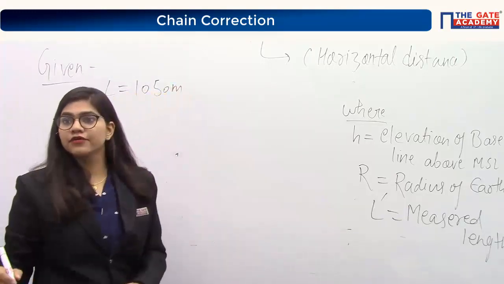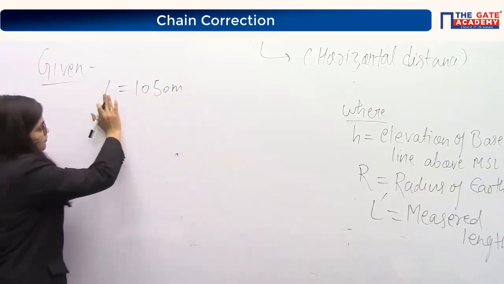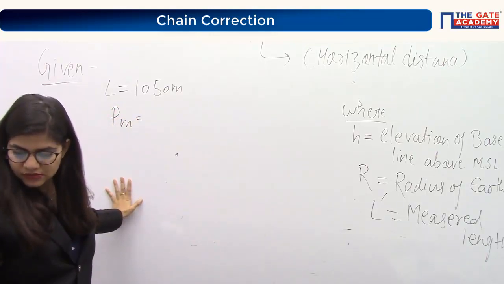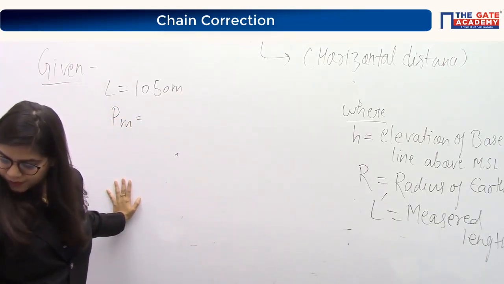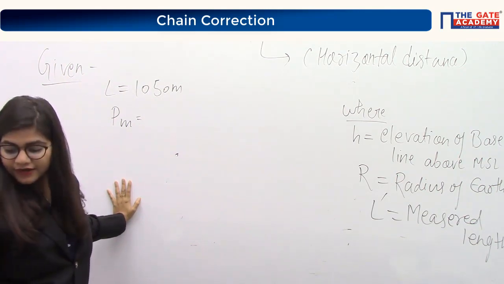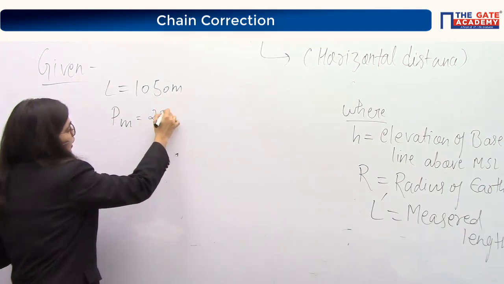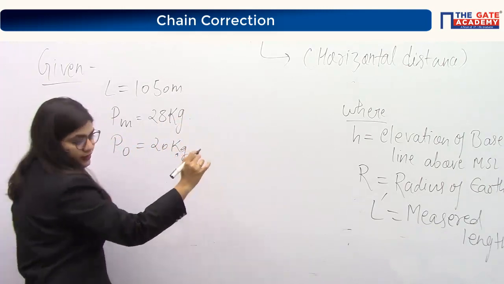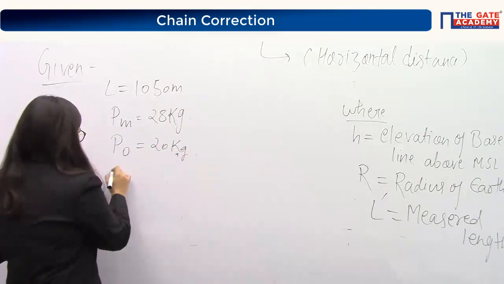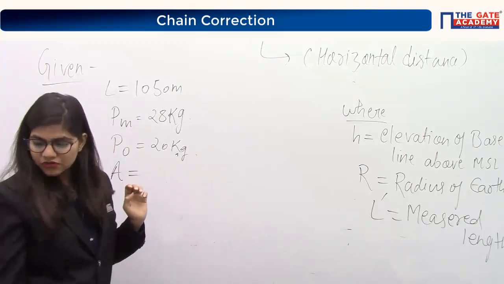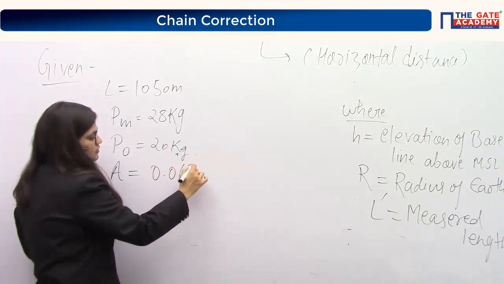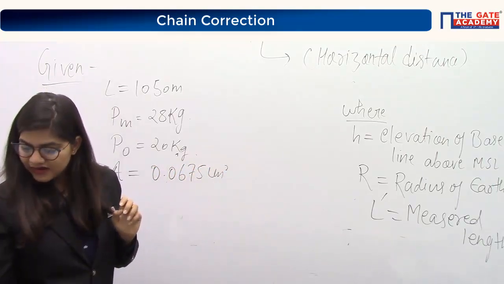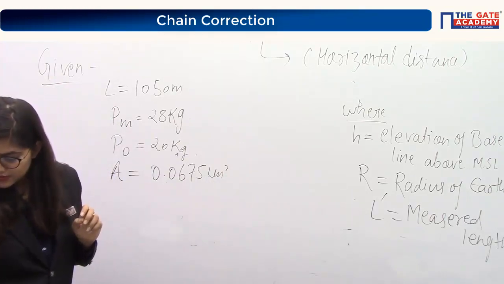I hope you guys are doing it. I'll just write down the values which are given to you. Applied pull is 28 kg, and standard pull is given as 20 kg. A is 0.0675 centimeter square.